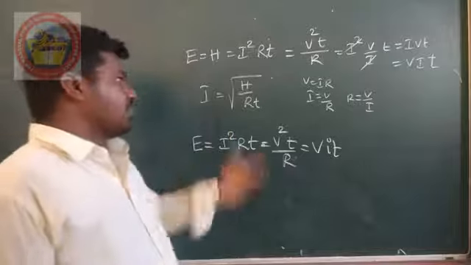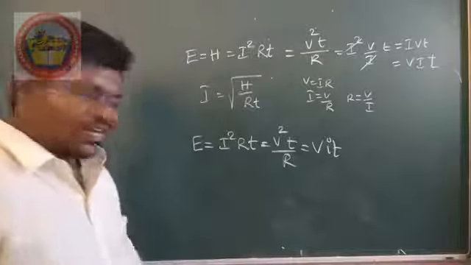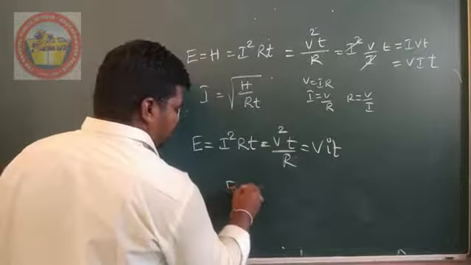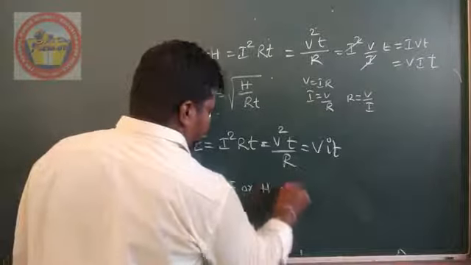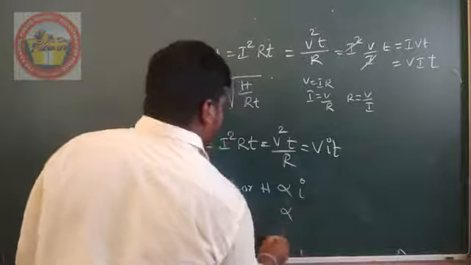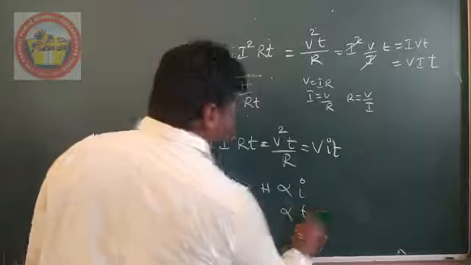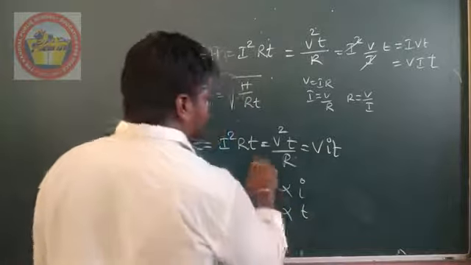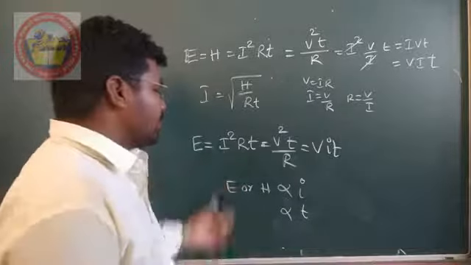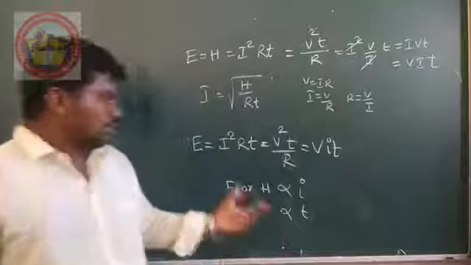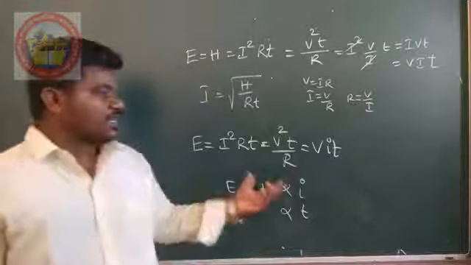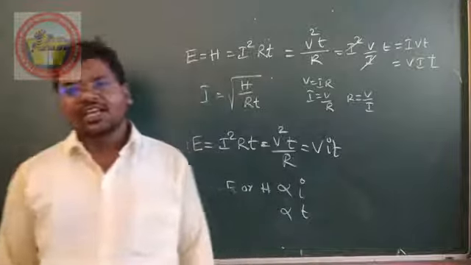This heating effect is directly proportional to current, directly proportional to time, and directly proportional to resistance in the first formula. According to Ohm's law, V is equal to IR, and from that we can get different expressions for electrical energy.